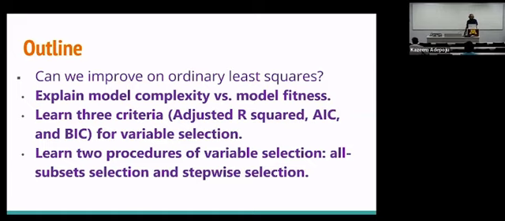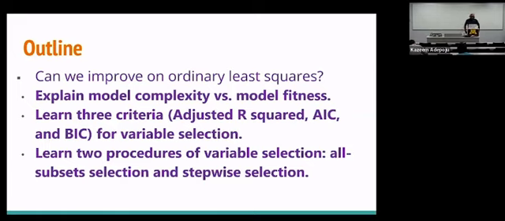Some researchers in the past took a wrong decision because they only considered model fitness instead of putting model complexity into consideration as well. So today, I'm going to make a distinction between these two.